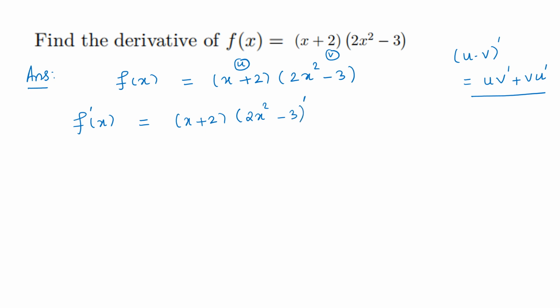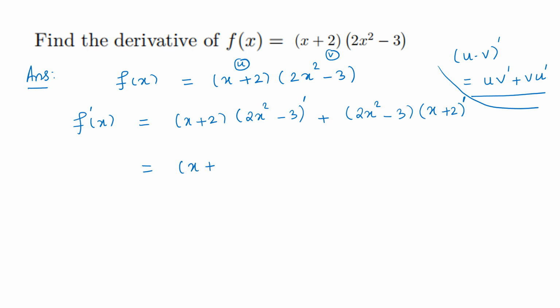I am writing like this easily. Then plus v, which is 2x squared minus 3, times the derivative of u, where u is x plus 2, derivative I am writing with a dash, which is equal to, now easily we can find out.